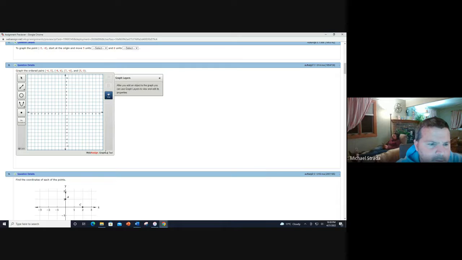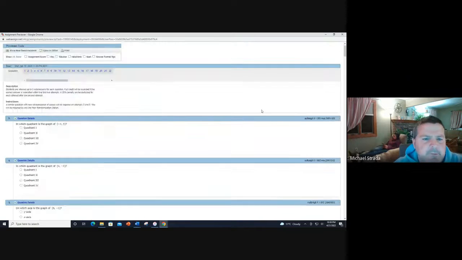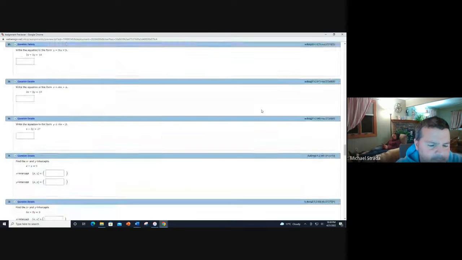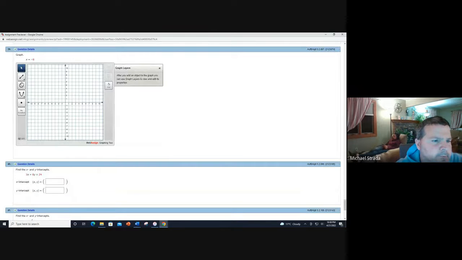Why is it not allowing me to graph? All right, I have to pick something else because this isn't working for me. I don't know why. There we go. Okay, so that's better.